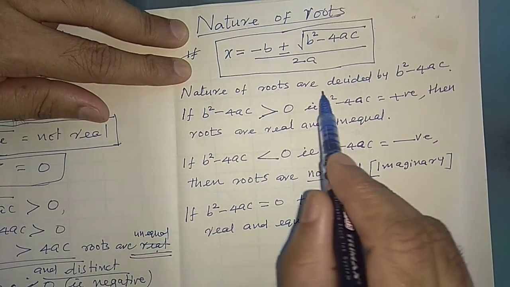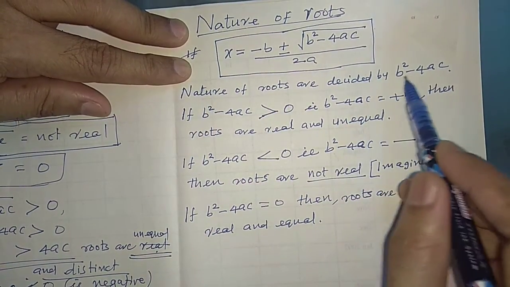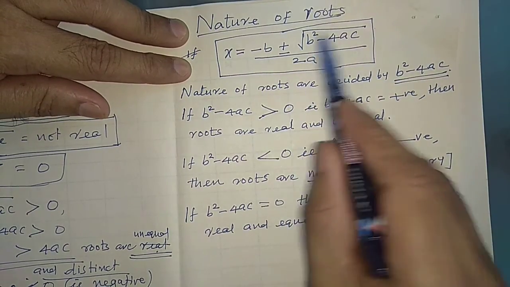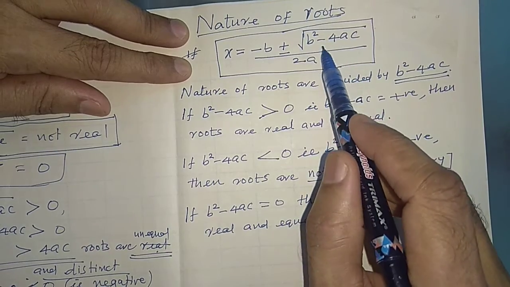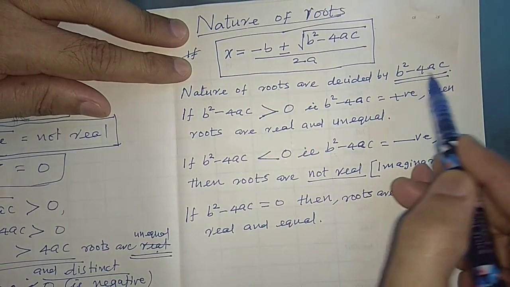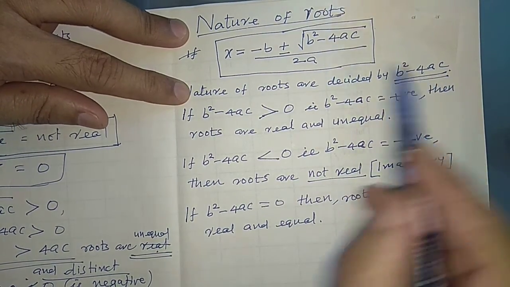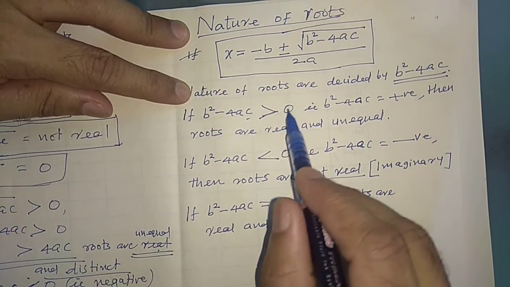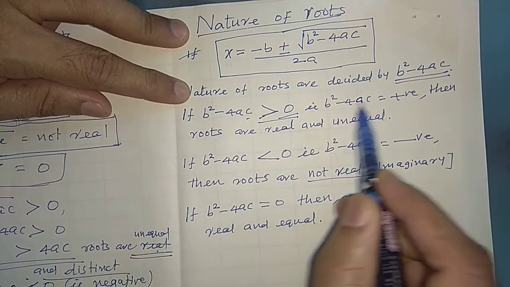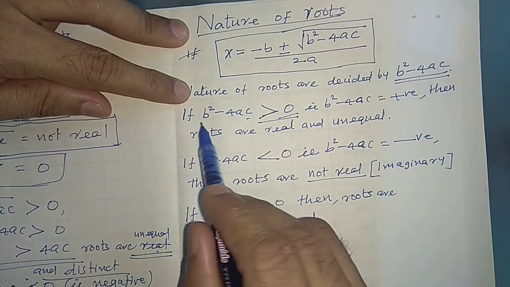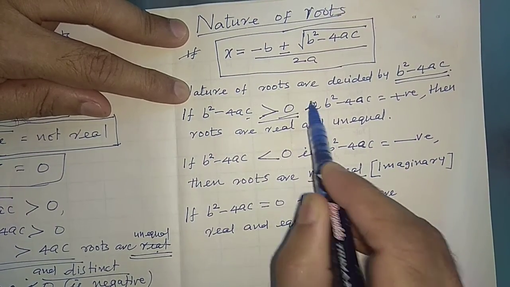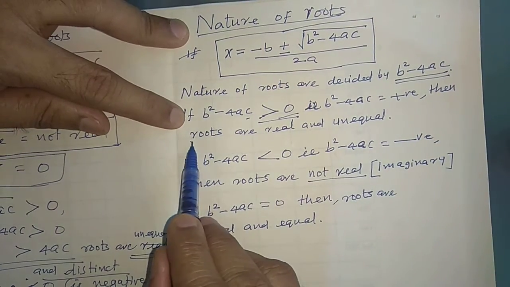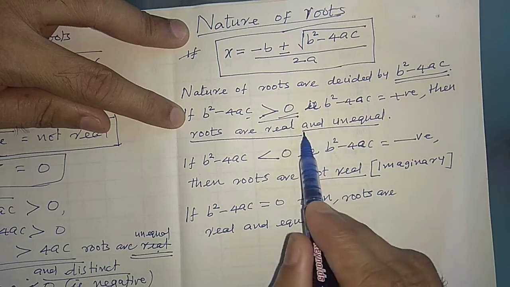The nature of roots is decided by the discriminant, b square minus 4ac, whatever we have under the root. If b square minus 4ac is greater than 0, that is a positive quantity, then the roots are real and unequal.